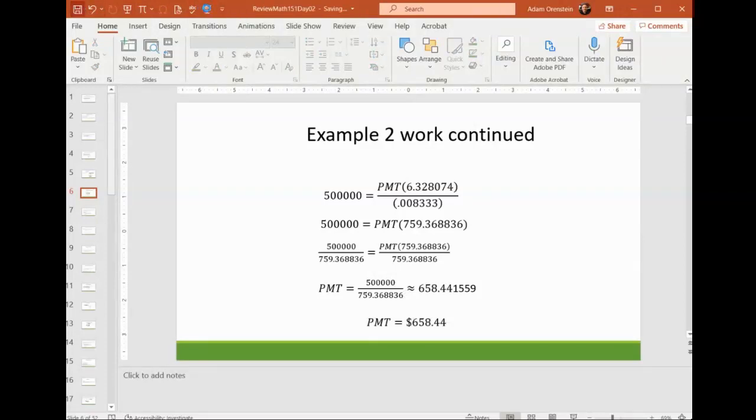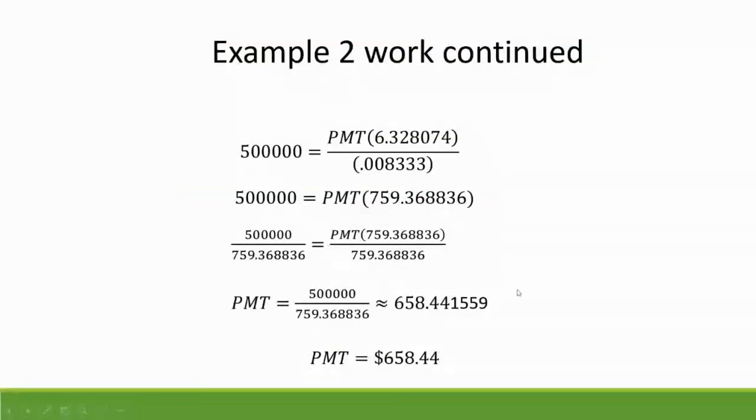Good. Okay. I know I should have rounded before that slide, but again, this is the right answer, but you want to round it to 2 decimal places. Okay. Any questions on that?